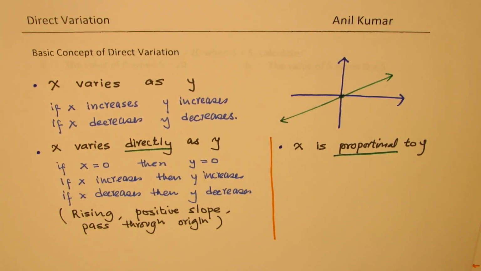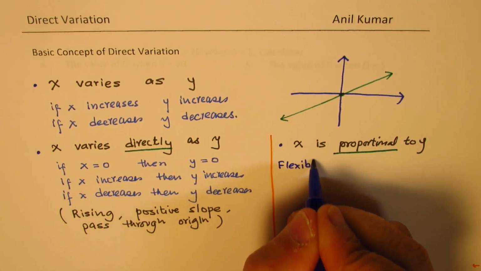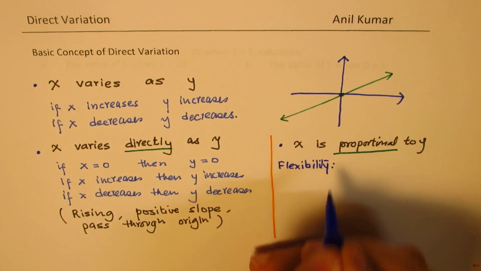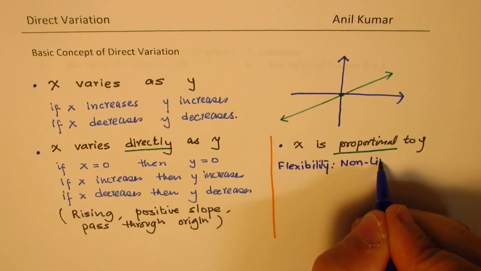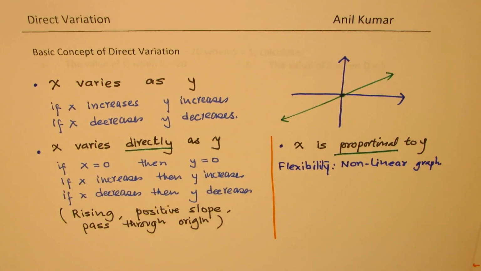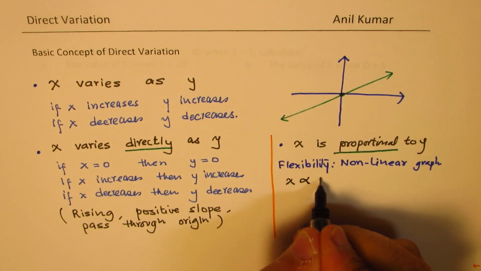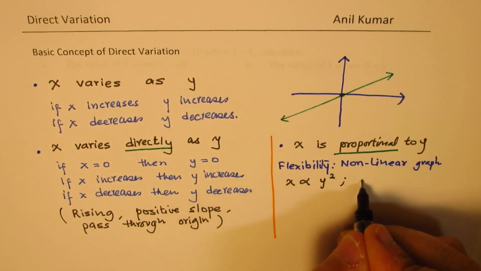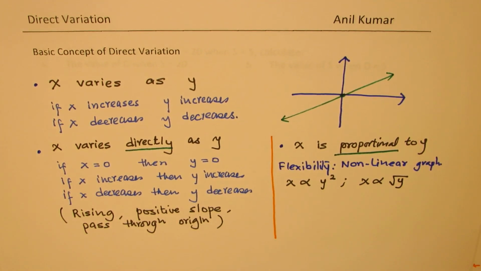We have given more flexibility. We have included even non-linear graphs. For example, we can say x is proportional to y squared. We can say x is proportional to square root of y, which are non-linear functions, correct? But they are also direct variations.